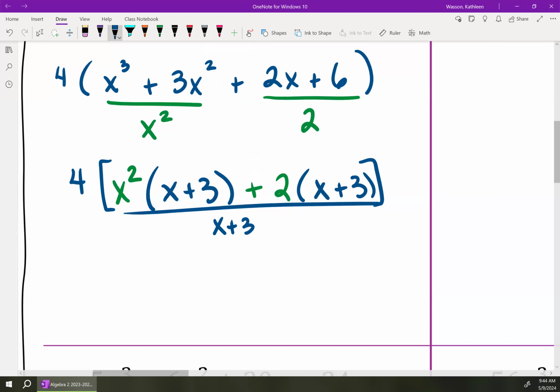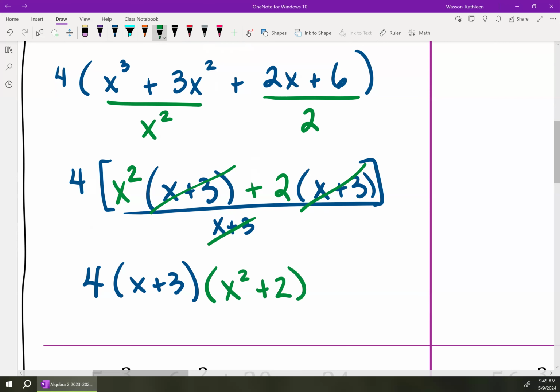All right, so my x plus 3 is my common factor. I can write that outside. And then I'll reduce. And then you write what's left. You make your greatest common factors into a group. The greatest common factors are x squared plus 2. So I'll write x squared plus 2 as my final factor.